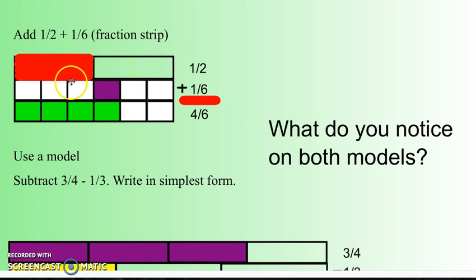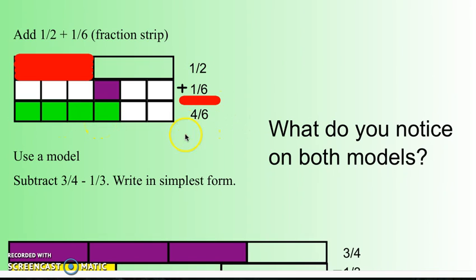And so if this 1 out of 2 parts, if this half represents 3/6, and this 1/6 represents 1 out of 6, and we put them together, we have 3 here and 1 here. 3 plus 1 is 4.